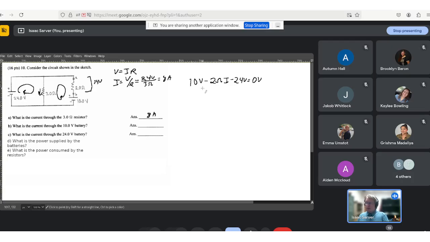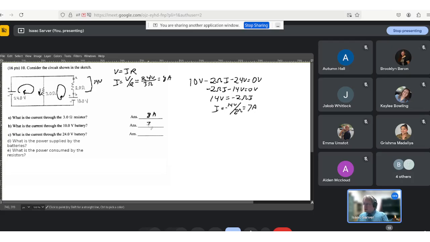So what do you have going on here? This from that is minus 14 volts. No, maybe it is. So we have minus 2 ohms times I. This from that is minus 14 volts, so 14 volts is equal to minus 2 ohms times I. Divide it over, and I is equal to 14 volts over 2 ohms with a minus sign, which is 7 amps.